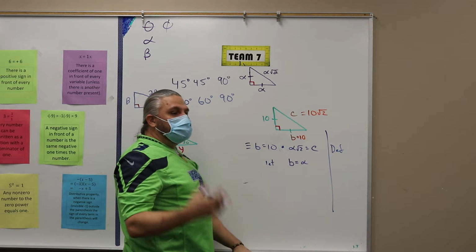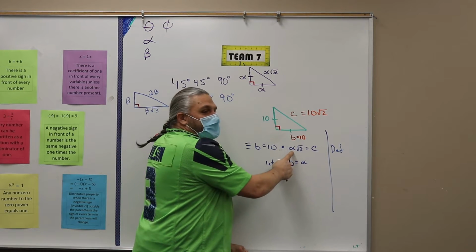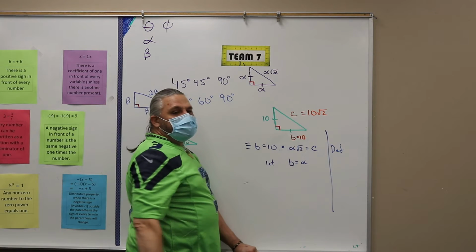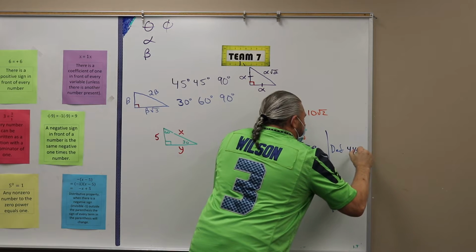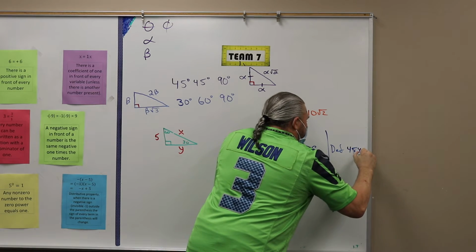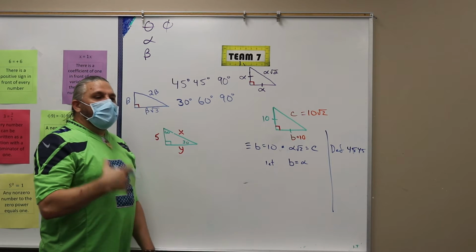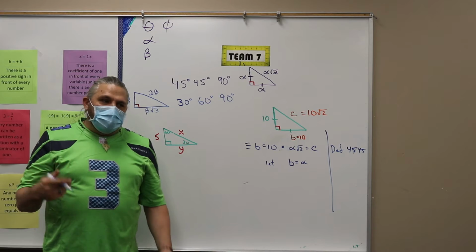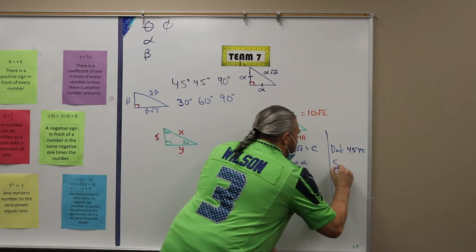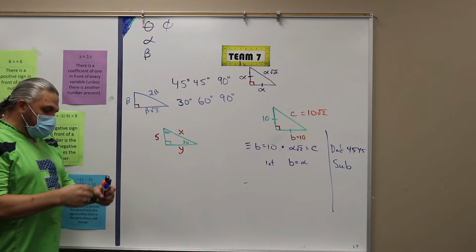45, 45. So the definition of 45, 45 tells me that alpha square root 2 is equal to the hypotenuse. That's what it tells me. So definition of 45, 45. Next, I'm letting b equal alpha, so substitution. Then I plug it in.